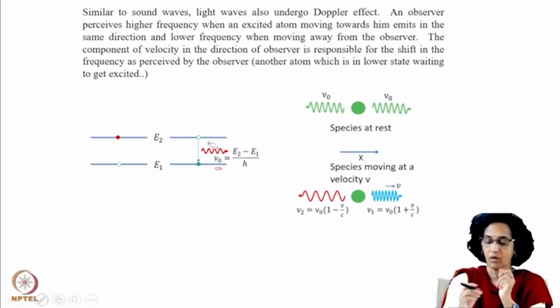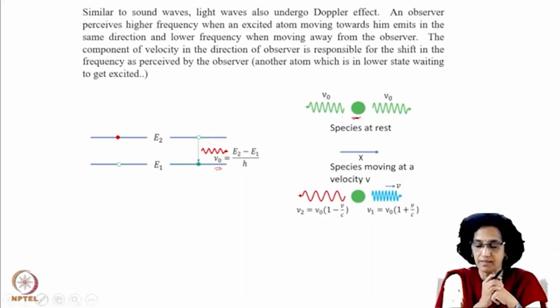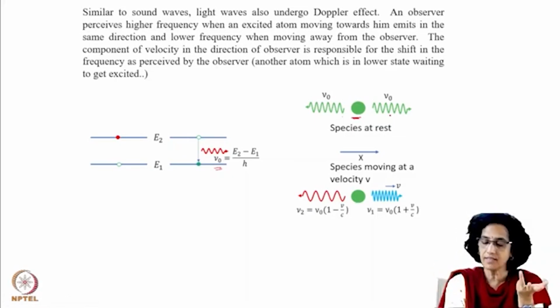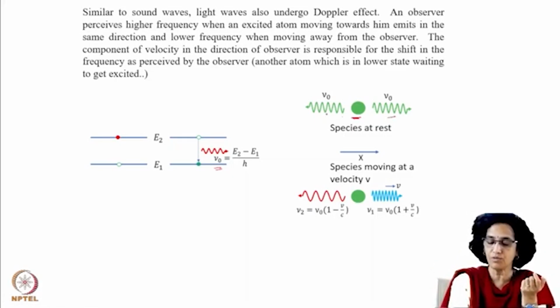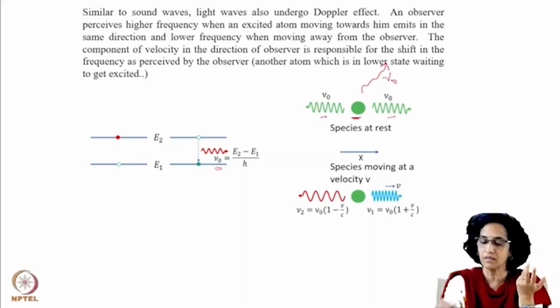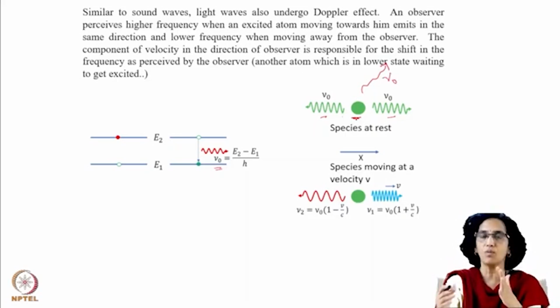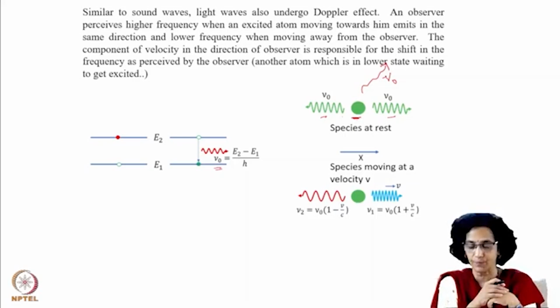Now, when this species or molecule is at rest, it can emit in any direction, and the central frequency will remain the same, nu zero here, nu zero here, or nu zero here, in whichever direction it emits. Because this is at rest, for the observer, the other molecule or whoever sees it, it will be nu zero.